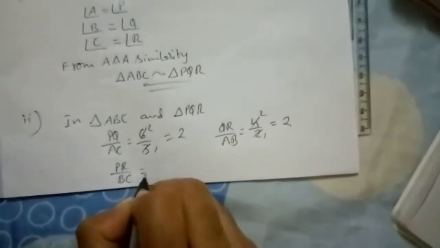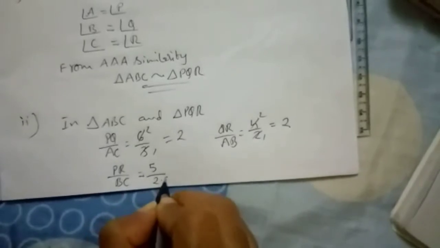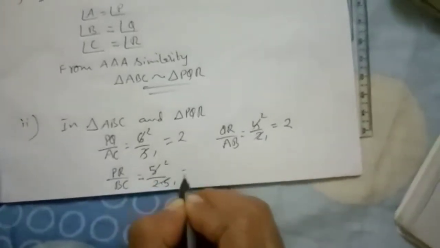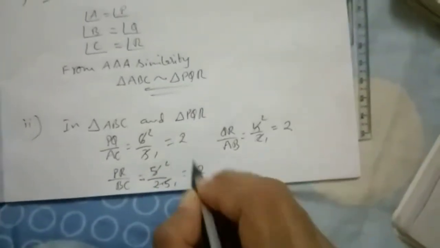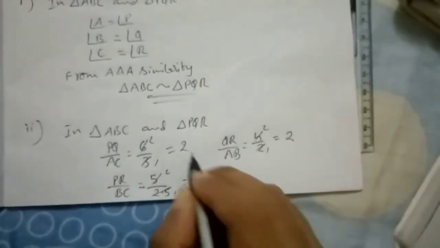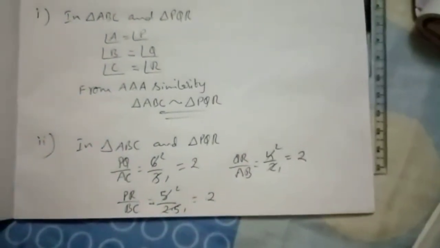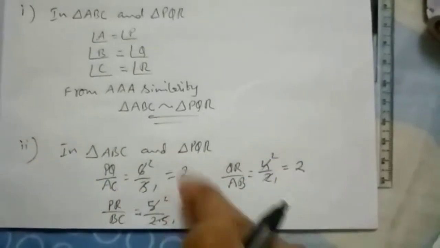PR by BC: PR is 5, BC is 2.5, here also 2. So all the answers are the same.